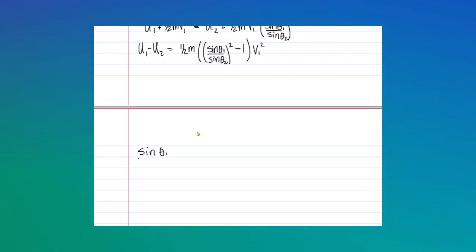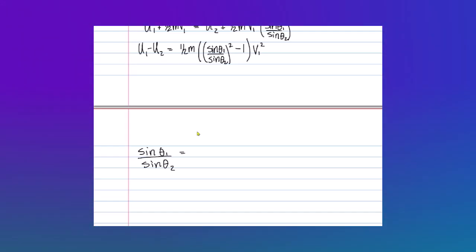And to finish it up, we can isolate sine of theta1 divided by sine of theta2 to have a more direct relationship between theta1 and theta2.